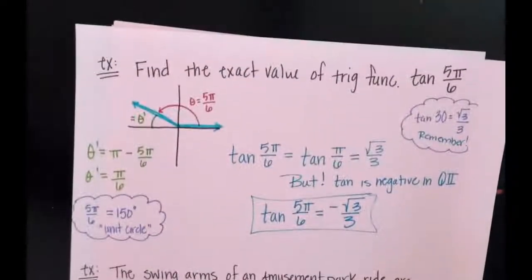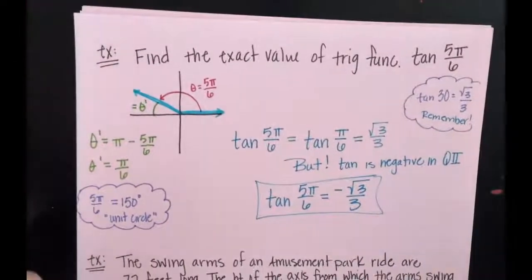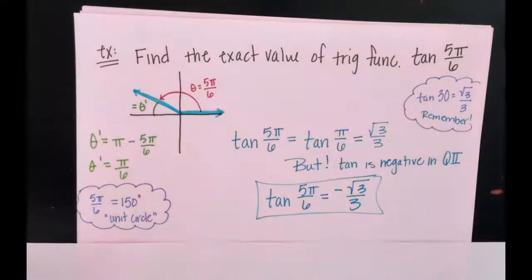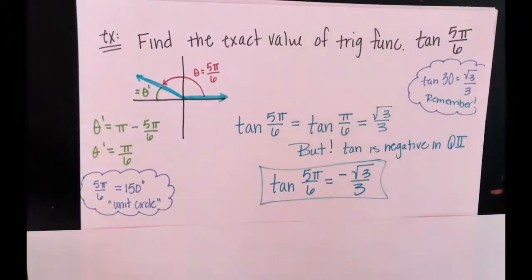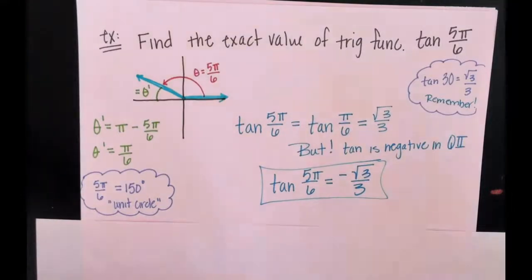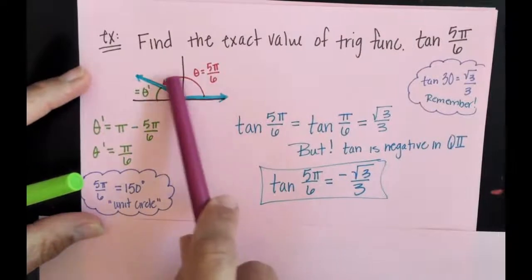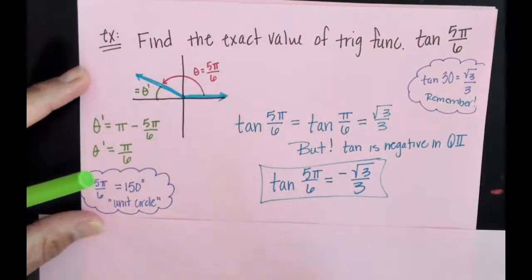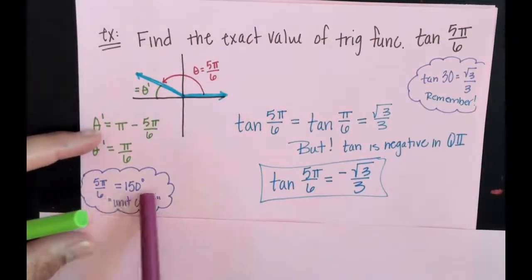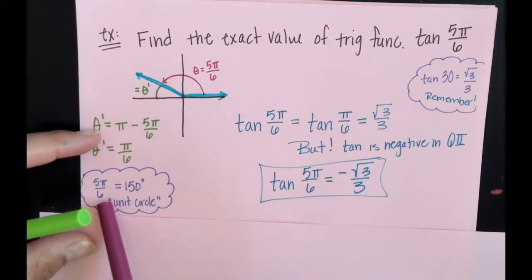All right, so here again is the issue that we have our radian measure. So I needed to make sure I figured out where that fell. So I did look at 5 pi over 6.